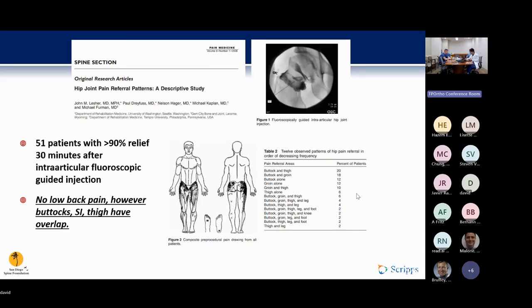The takeaway was the hip joint never radiates proximally, so you don't get low back pain from the hip, but virtually every other symptom distally, from the buttocks to the thigh to groin to the leg, all can occur in some combination in response to the injection.